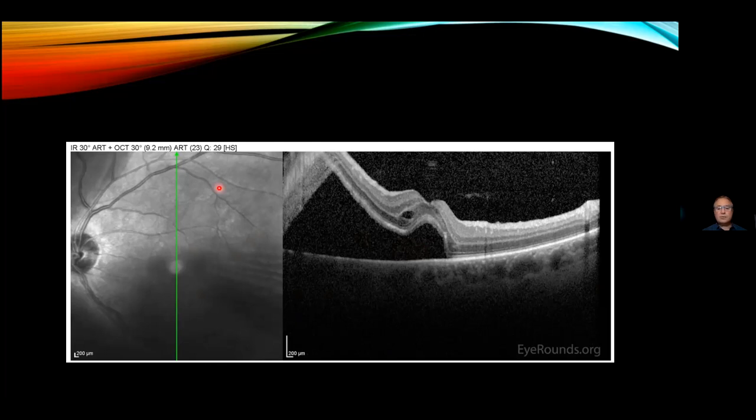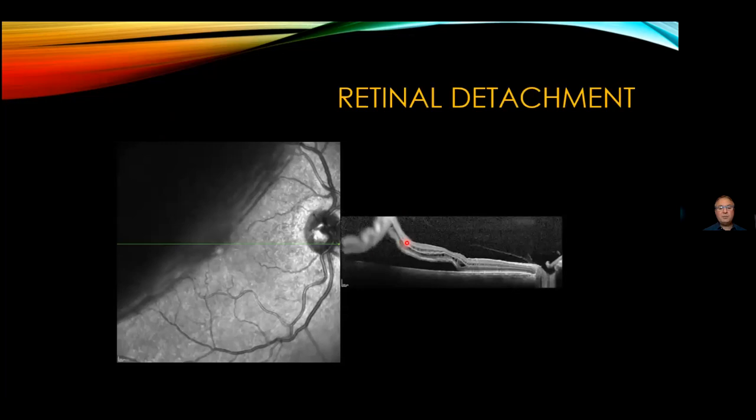Something else I just also want you to have a look at is the scan itself. So just keep in mind that this scan that we're looking at here is in 90 degrees, a linear scan from 12 to 6 o'clock. The previous one that we had was running from 3 to 9, so a horizontal scan.